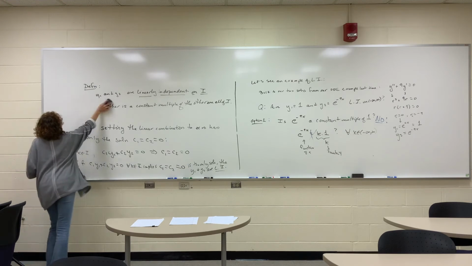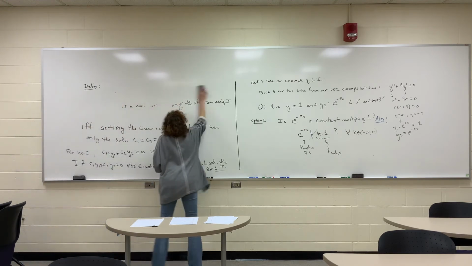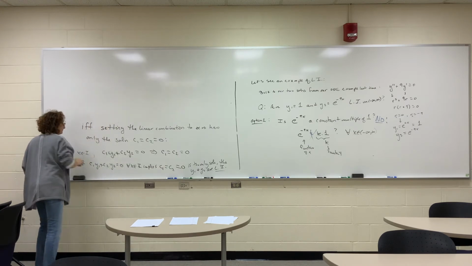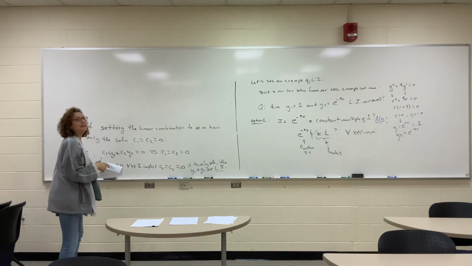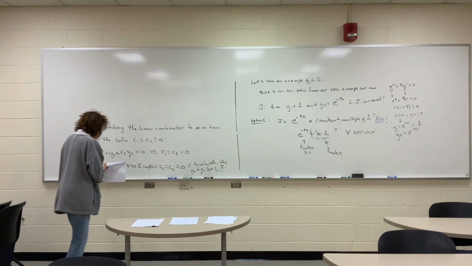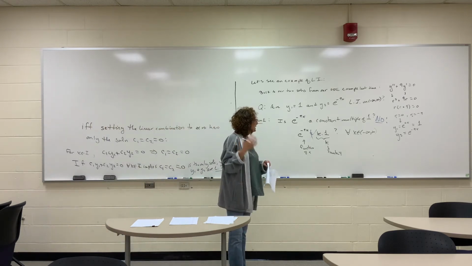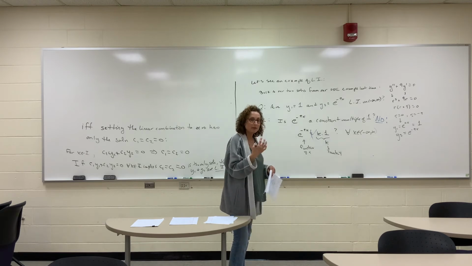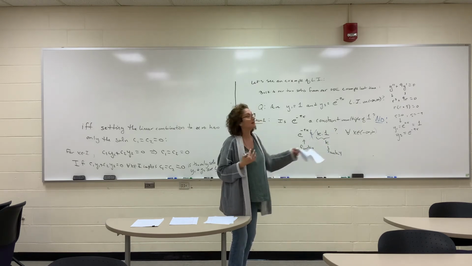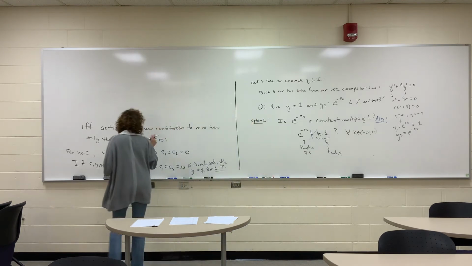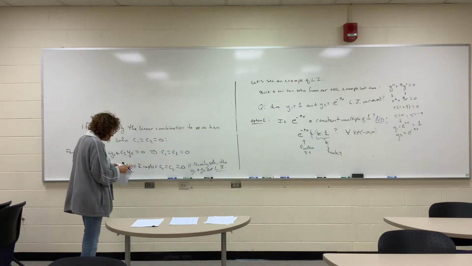But we're going to look at it another way, just so that we solidify the way we're going to generalize these concepts of linear independence to more dimensions than just two.